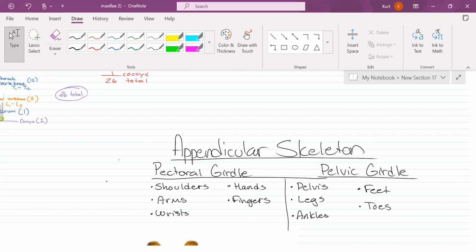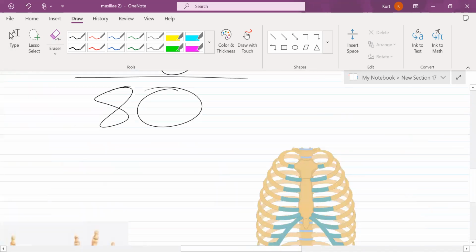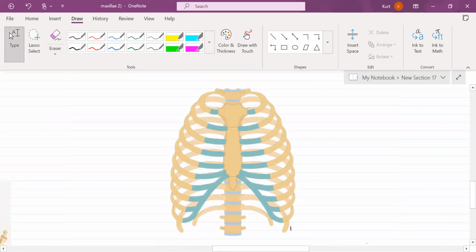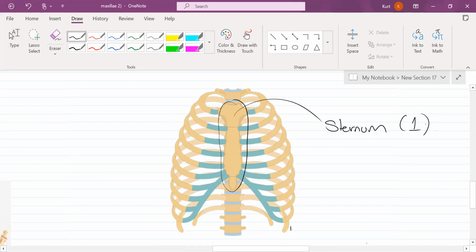All right, let's talk about the rib cage because that's technically part of your axial skeleton. Here it is. Your rib cage basically has two types of bones. First, we have your sternum. Now, your sternum is going to be one bone. So I'm going to put one in parentheses, one bone. But maybe I might make an extra credit question.